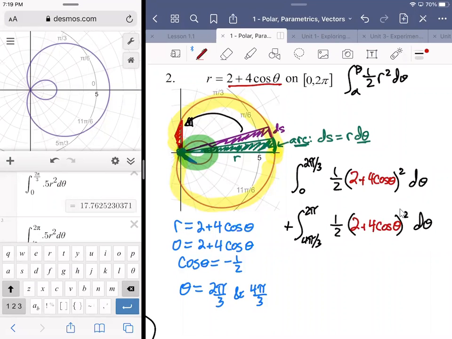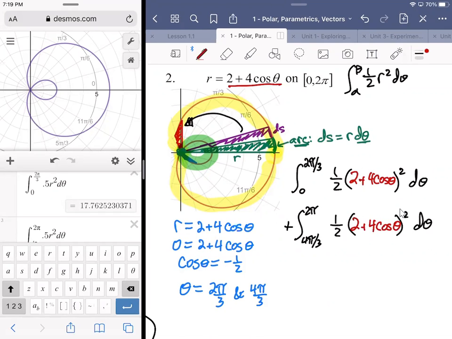So when you start thinking about, wait a minute, I thought if it was below the x-axis, the area would be negative. That's because when you're finding the area under a curve in rectangular coordinate axes, the rectangles had negative heights. The r value here is still positive, right? So that's still going to give us a positive area, right?